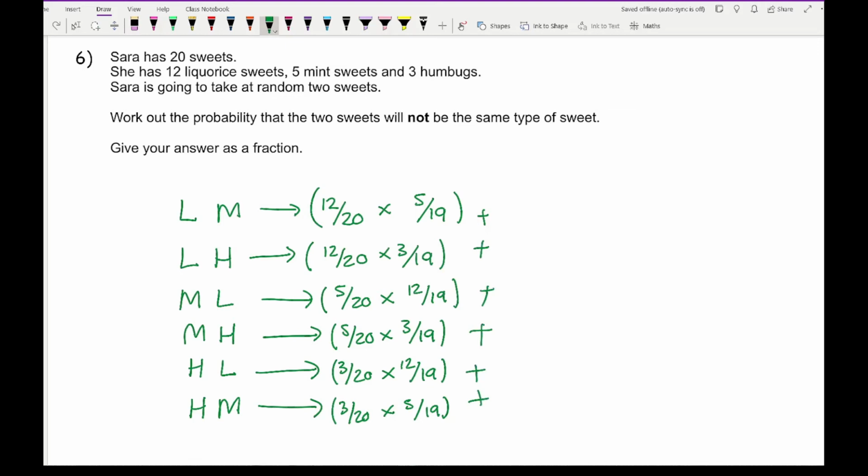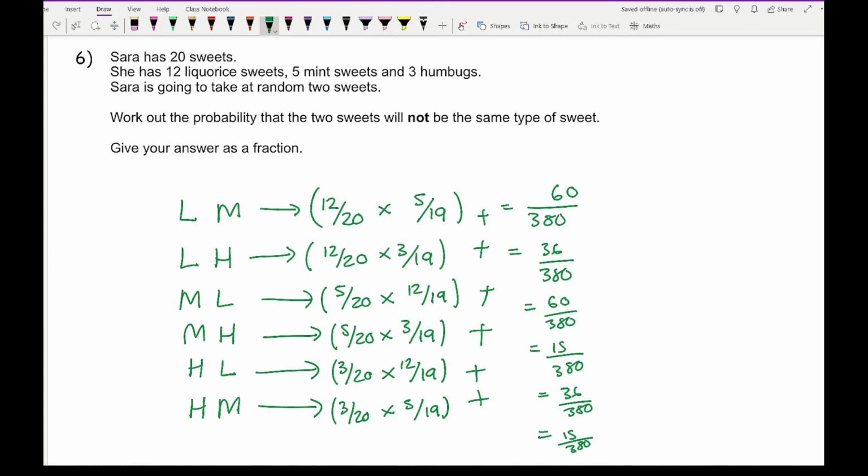So working that out, if I just do 20 times 19 first, I can get my denominator. So this is going to be over 380. So this equals 60 over 380, that's going to equal 36 over 380, that's going to be 60 over 380, that's going to be 15 over 380, this is going to be 36 over 380, and finally 15 over 380.